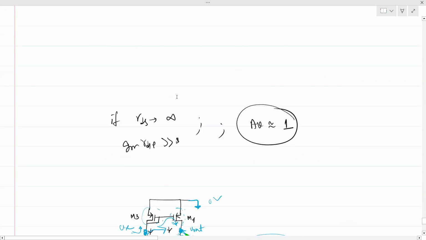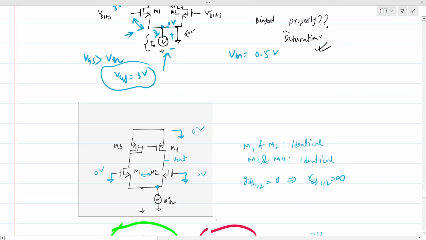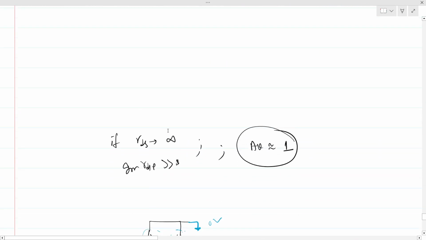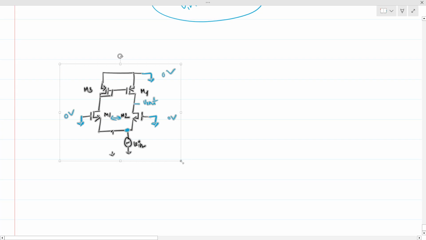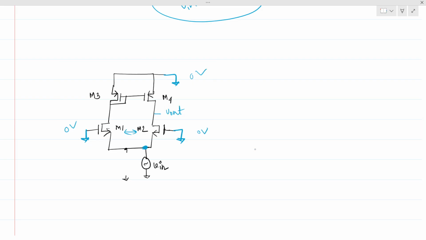Another intuitive analysis is the following. Let me share it. So this circuit can be, here if I make this to be ground, AC small signal ground. Now what is the VGS here?